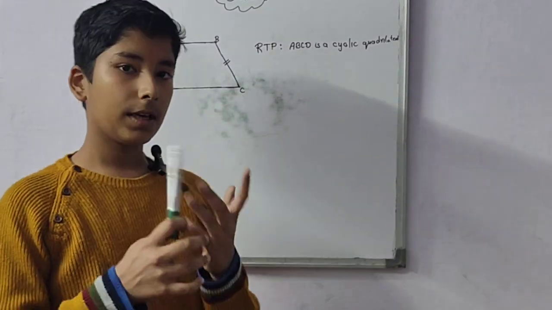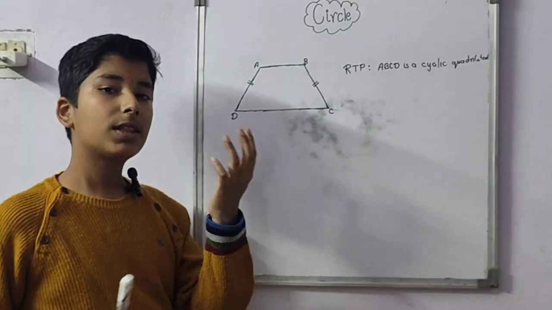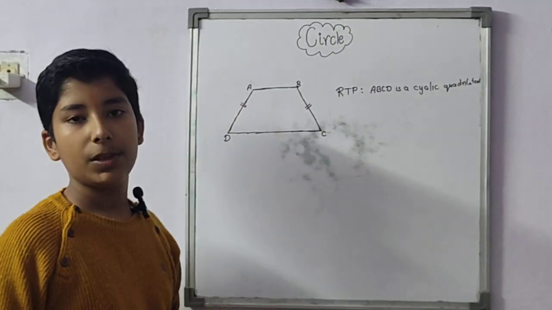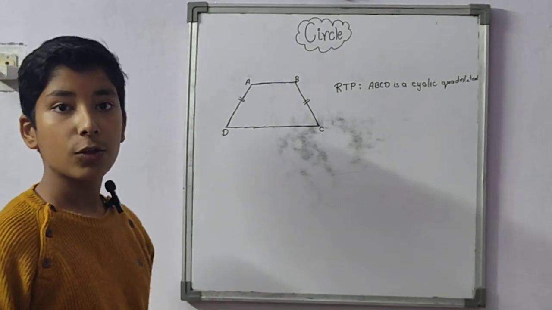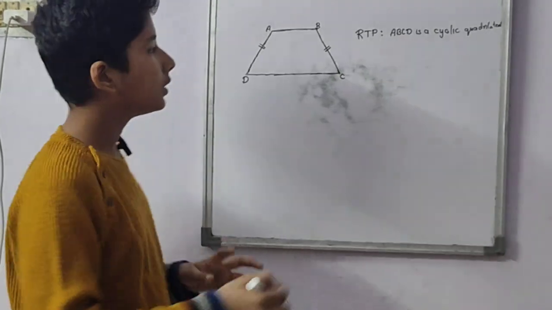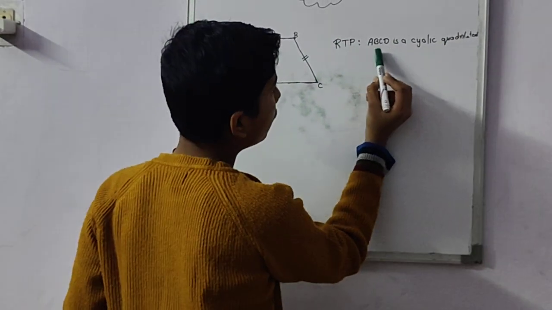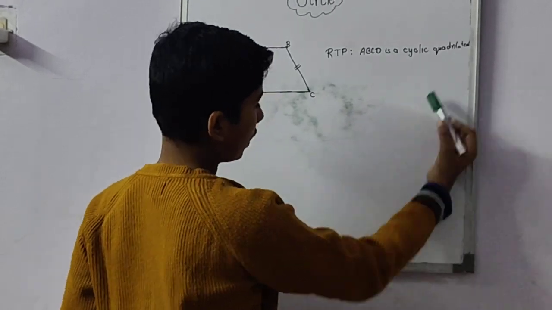So friends, our next question is this one. In this question, you might be thinking that how there is a trapezium in circle topic. So it is not like that. You just first read the question. It is saying we are required to prove ABCD is a cyclic quadrilateral.